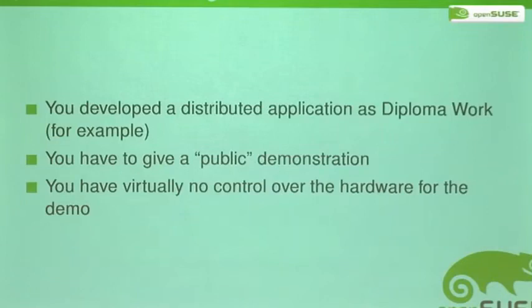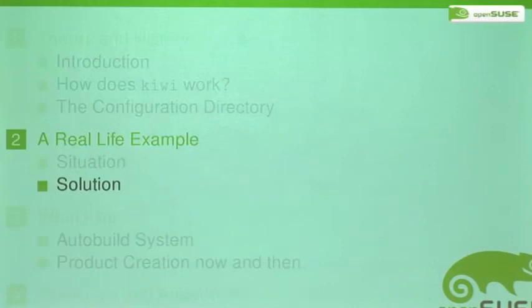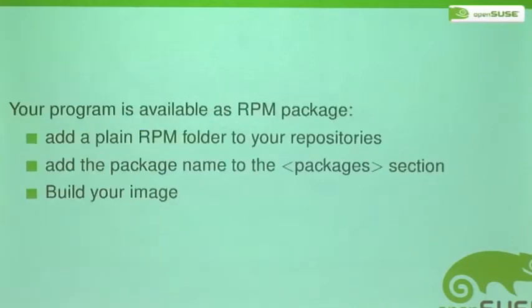So what you can do is you can create images for both machines and put your own package, your own software that you wrote, into your image. You don't need to do anything more than just booting it. This can be done in two ways. The most convenient one is if you have an RPM package, then you just link your, and the best way is, of course, to have this in the build service account.